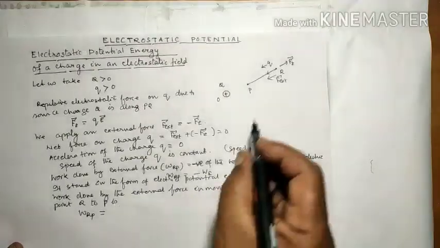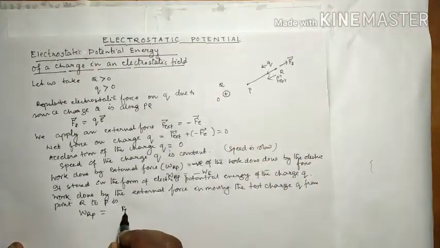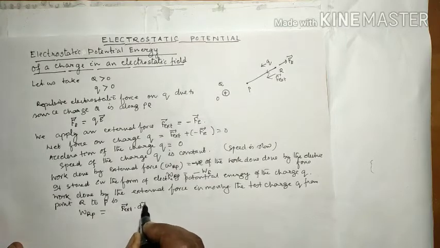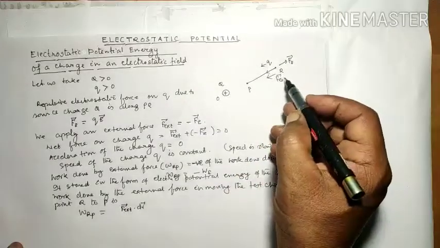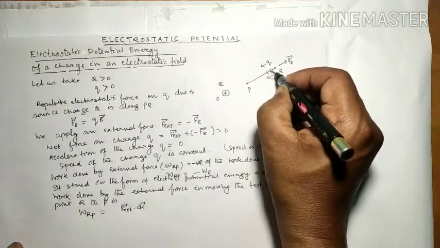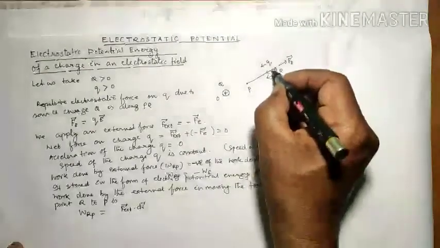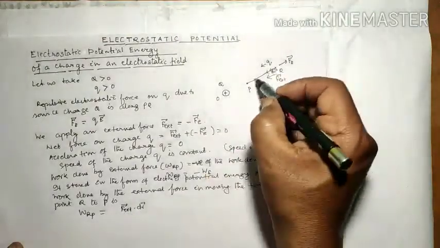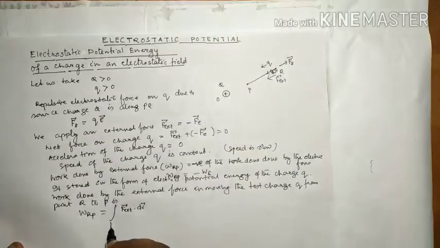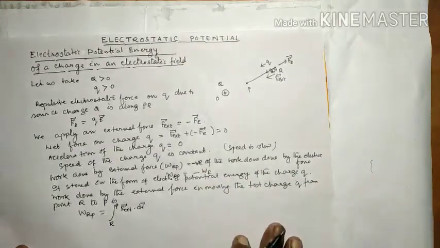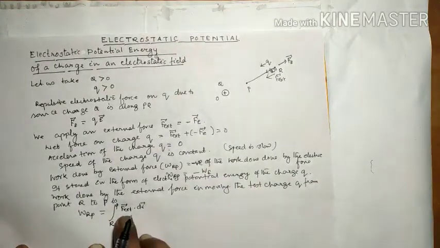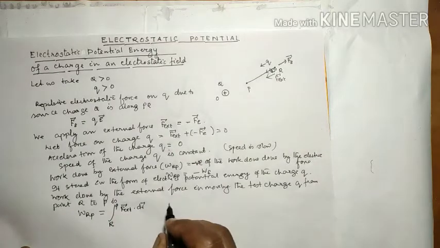So small work done is F external dot dr. Here dr is the displacement along the path. So now total work done from R to P, that is integral from R to P. So WRP is integral from R to P of F external dot dr.